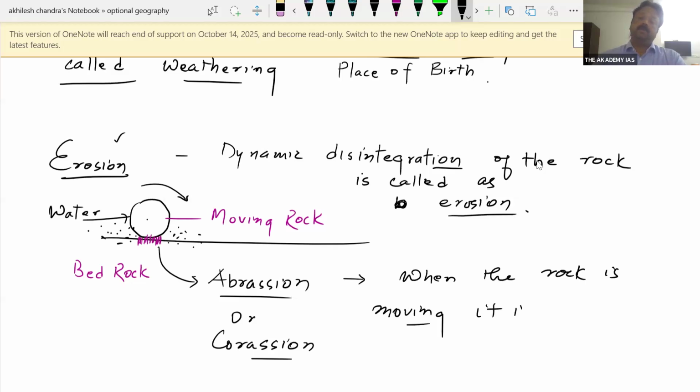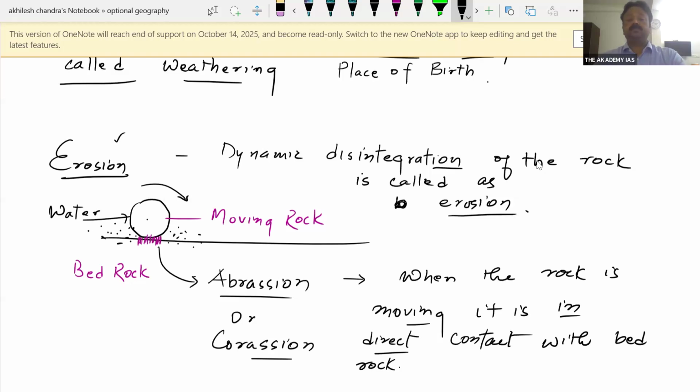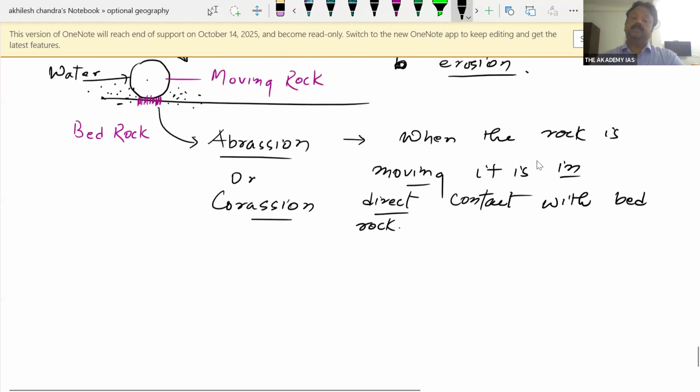it is in direct contact with bedrock near the interface.